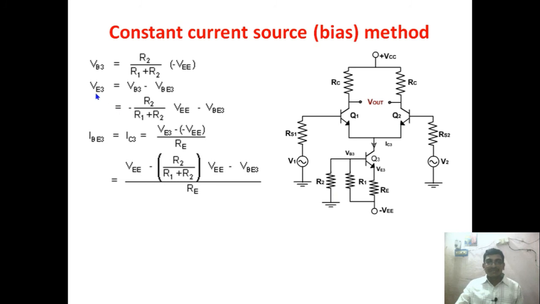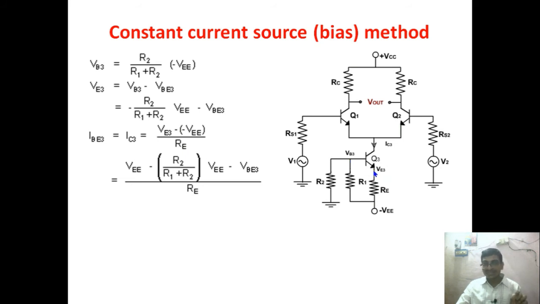Then next VE3, the voltage at the emitter branch of our circuit. VE3 can be calculated as VB3 minus VBE3, where VBE3 is the base to emitter voltage of the third transistor. Therefore VE3 is equal to VB3 minus VBE3.